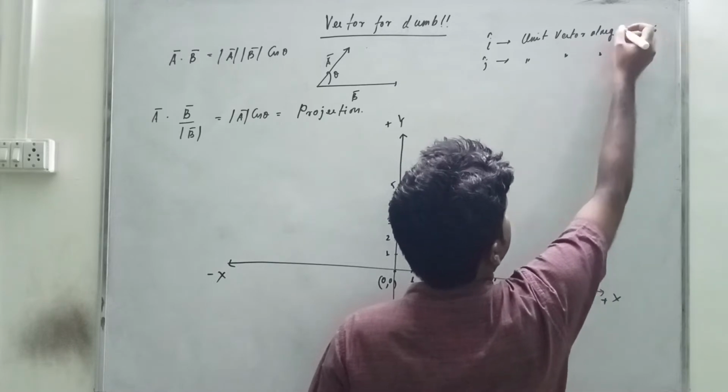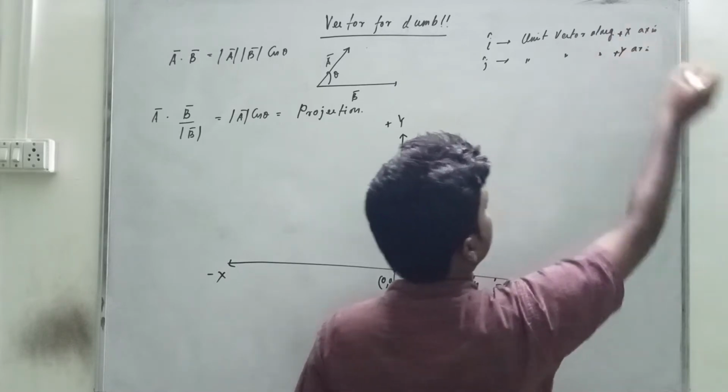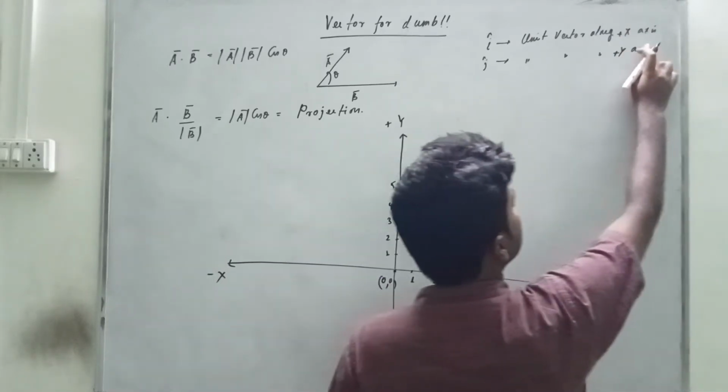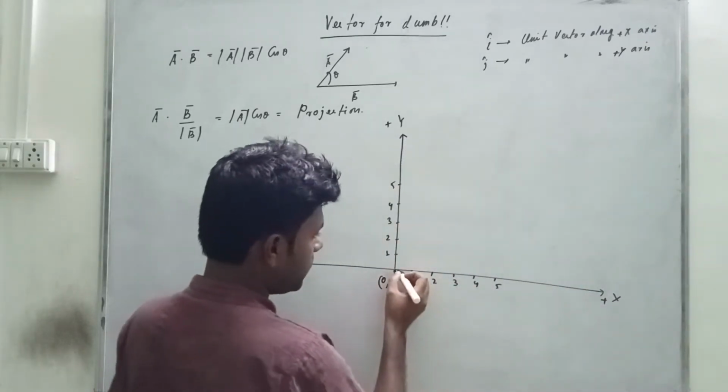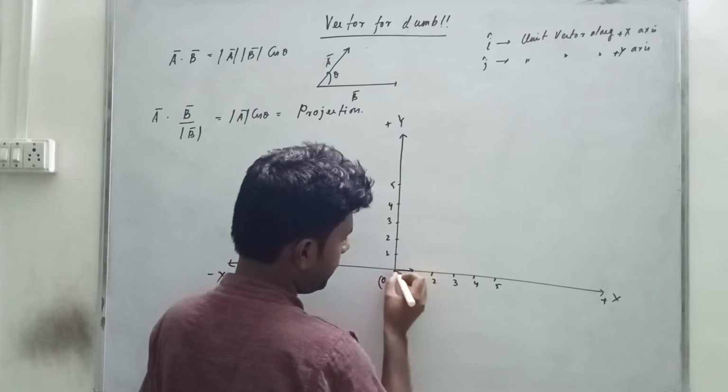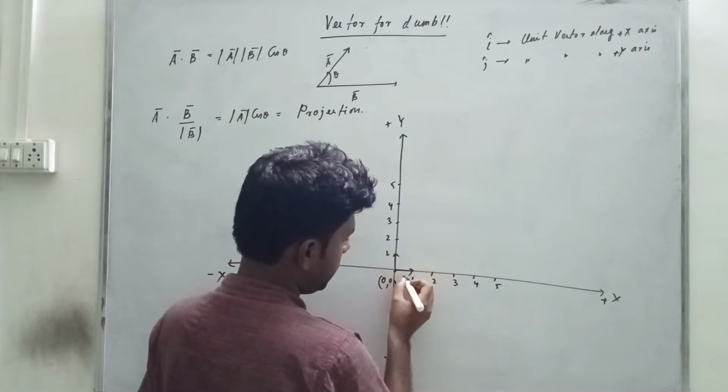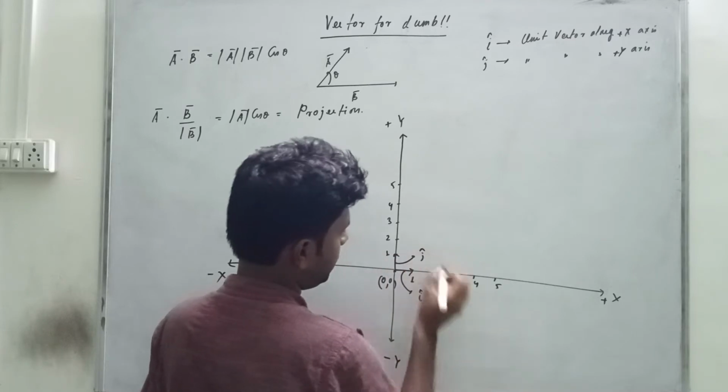I mean the positive x, positive y. So very simple case, it is your I cap, it is your j cap.